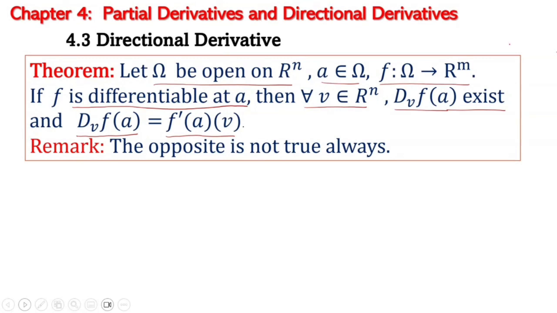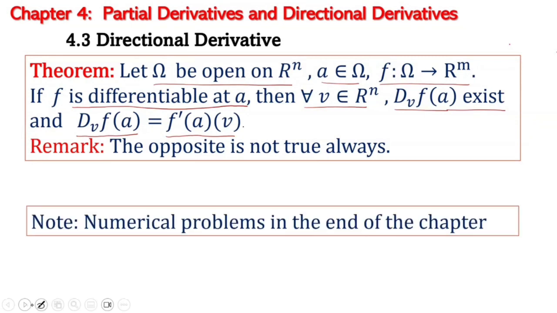So differentiability guarantees that there will be a directional derivative at that point in any direction v, but the converse is not true. We will do numerical problems to calculate the directional derivative, and use the related theorems and definitions, at the end of this chapter, in the next lecture.